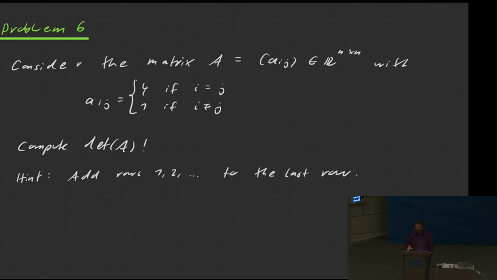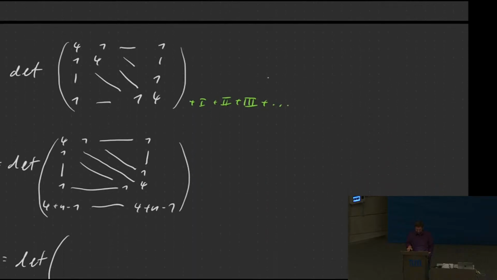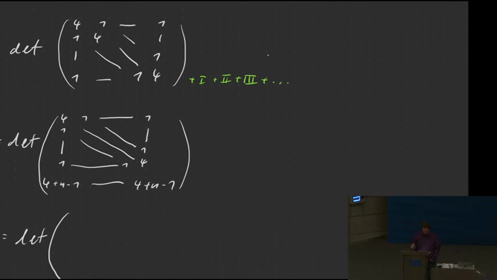All right, again, quick show of hands. Who thinks they solved the problem? Wonderful. So let's take a quick look. I've already written the first step down. In the hint, it says add everything to the last row, and that's what I'm doing here. By the way, this is how the matrix looks: I have 4s on the diagonal, 1s everywhere else.